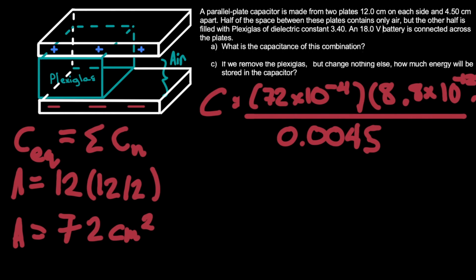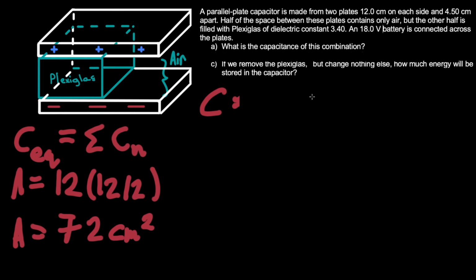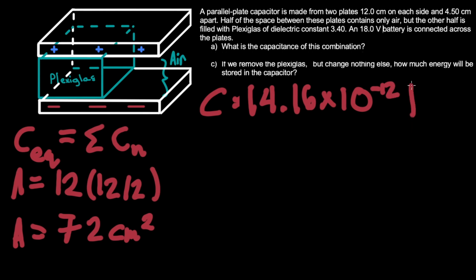If you crunch the numbers on that, what I hope you get, because this is what I got, is going to be 14.16 times 10 to the negative 12 farads, which I have no idea what this actually quantifies to in real life, but that's the value that you should get.